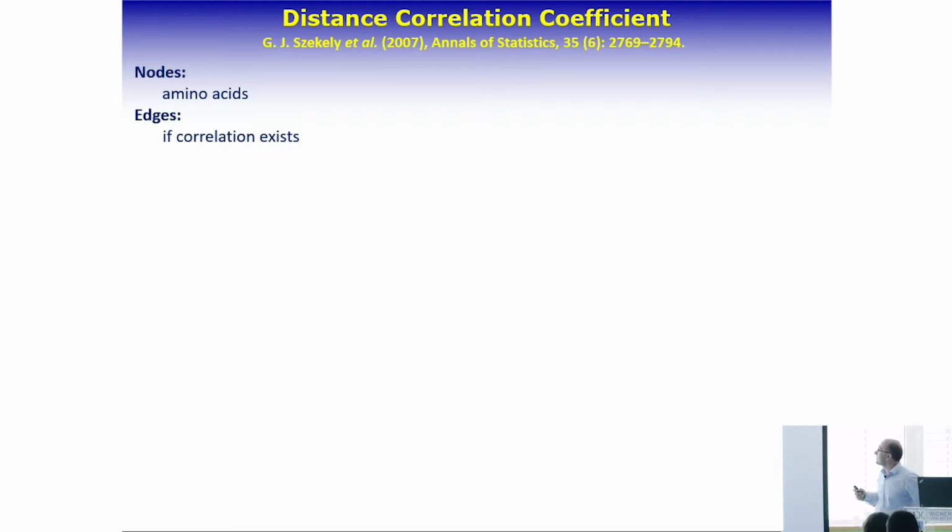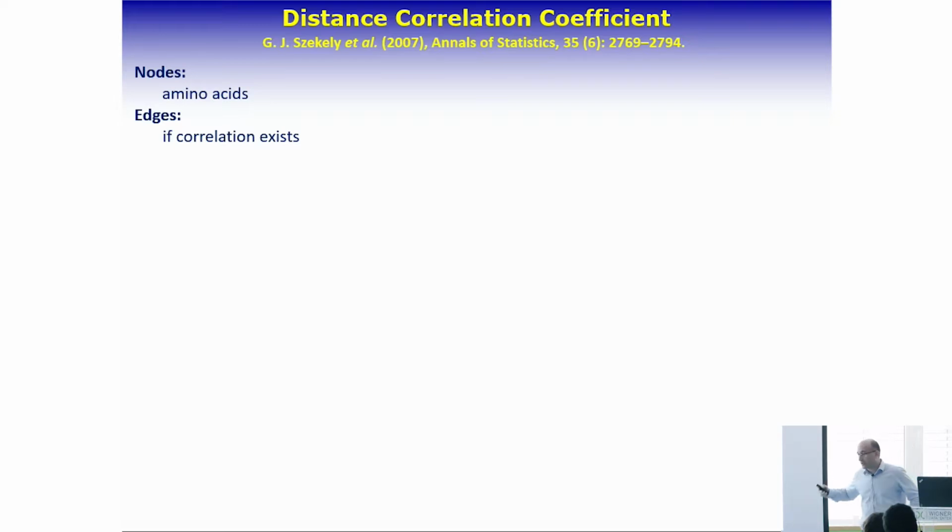We use the distance correlation coefficient developed by Gábor Székely, since this method can detect also nonlinear correlation, and it is really zero only in the case when there is no correlation between motions.